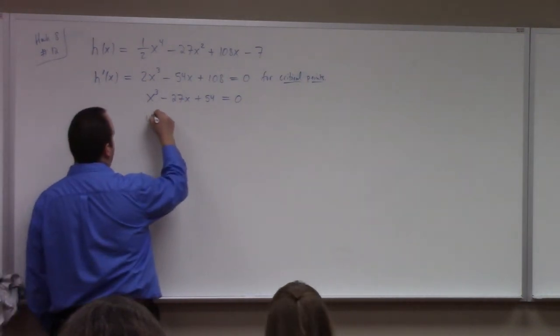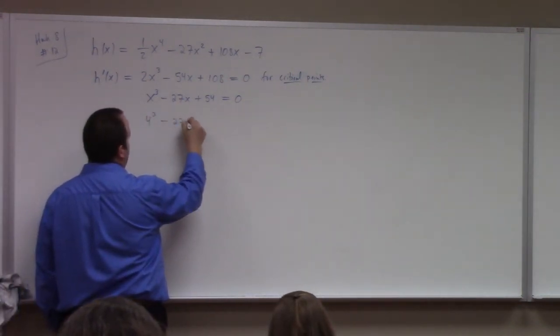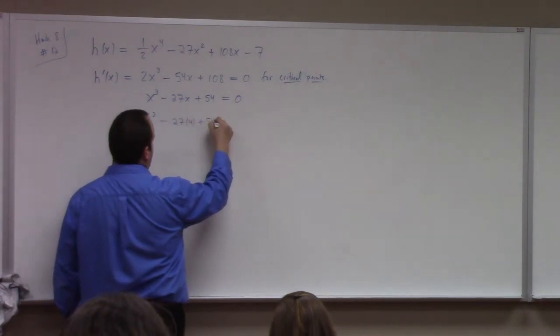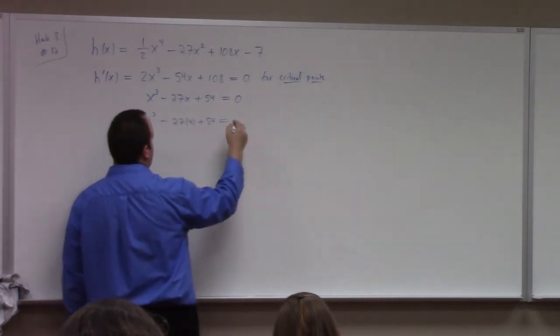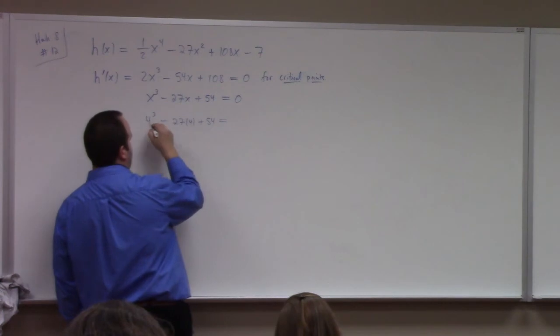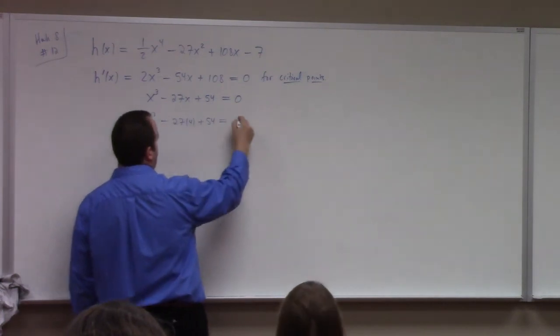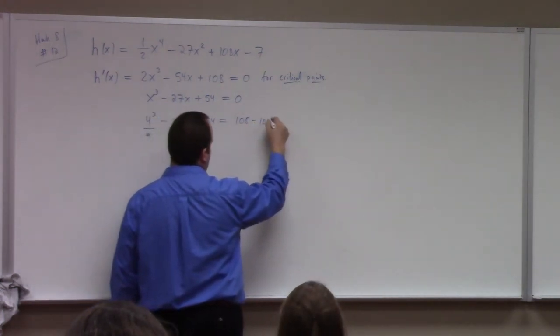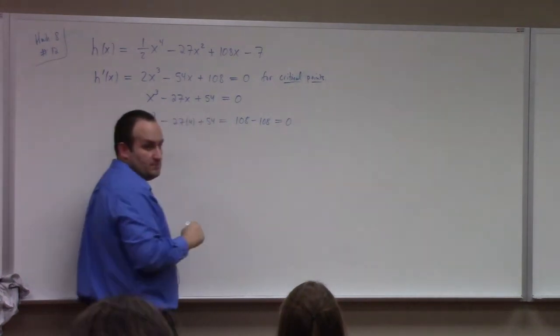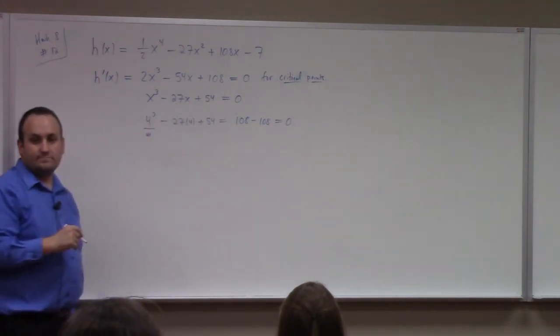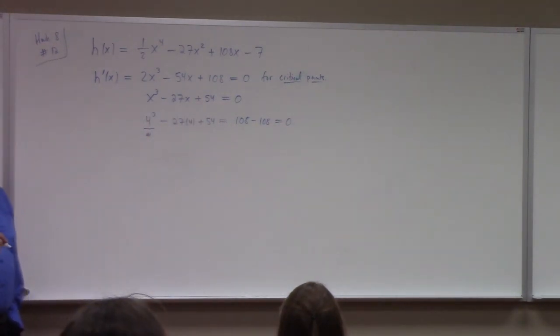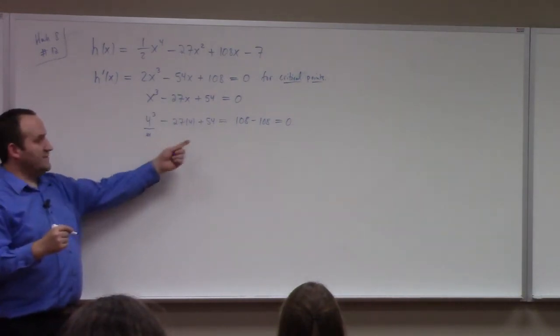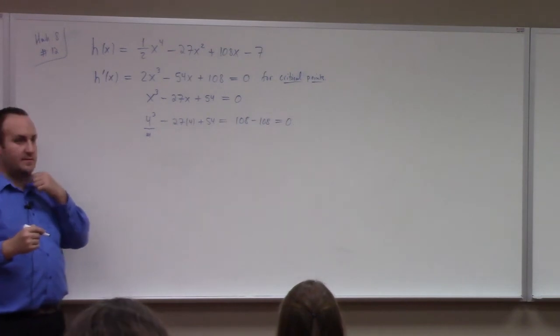4 cubed minus 27 times 4 plus 54 is equal to, that's 64, right? That's equal to 108 minus 108, which is equal to 0, right? So I get 64 plus 54, which is 108, I think.